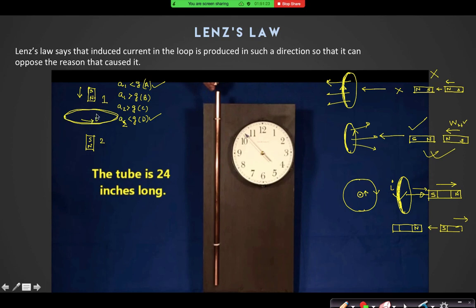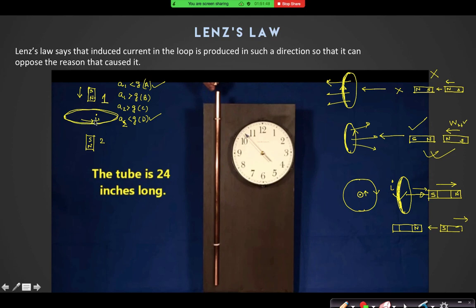Sir, you said below, but above it will be right to left when it is coming down from the top, right? Then will the current be in this direction or the opposite? When it was in position 1, coming down, what is the direction of current?